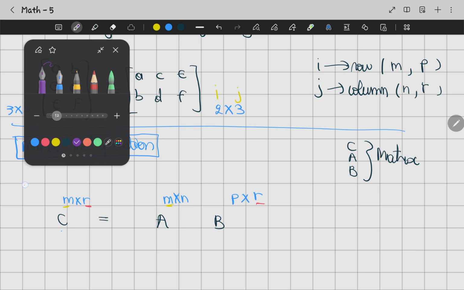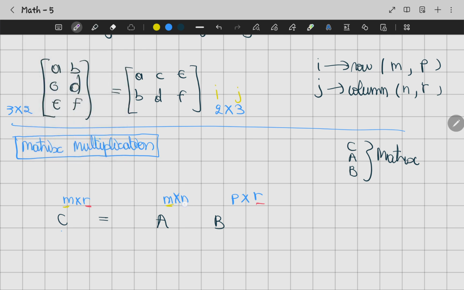Then the multiplication condition, for us to have this multiplication possible, those two have to be equal in terms of size. So if n equals 2, this one also has to be equal to 2. So then you can perform the multiplication. If they are not equal, you can't multiply those matrices. There's no way that you can multiply them.